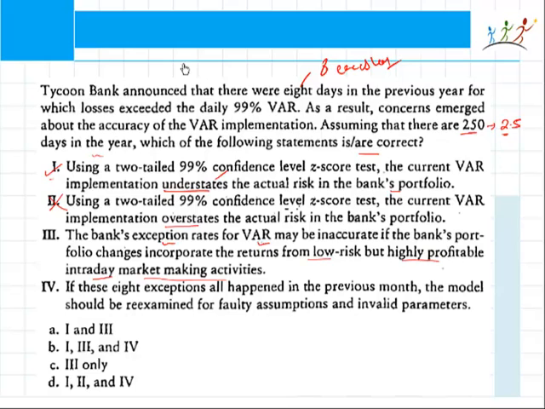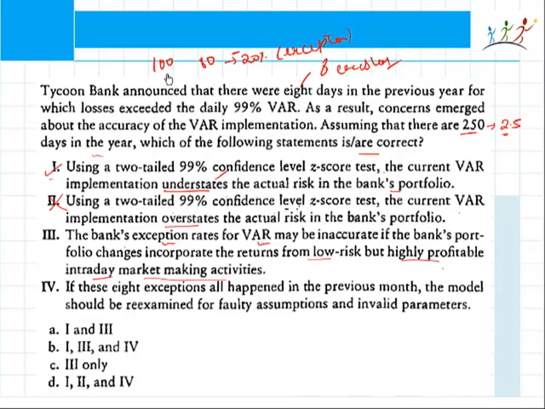So if the loss is greater than the VAR, then it will be an exception. So if the beginning value was, let's say, 100 and the ending value was 80, then there is a loss of 20%. And let's say this is higher than the VAR, so this will be calculated as an exception.